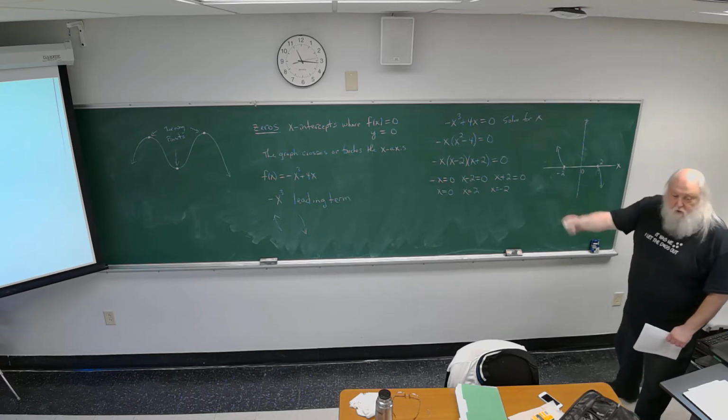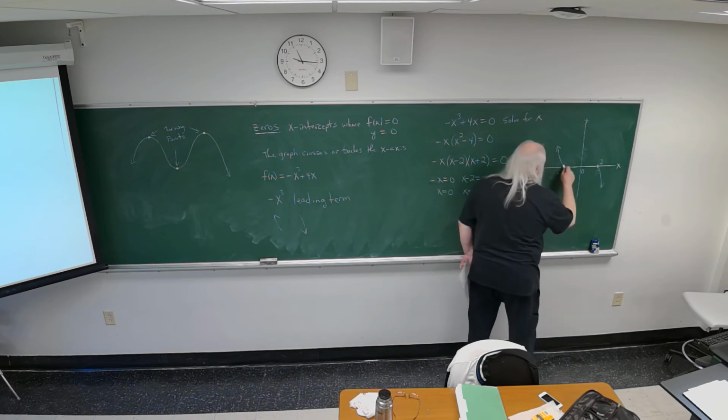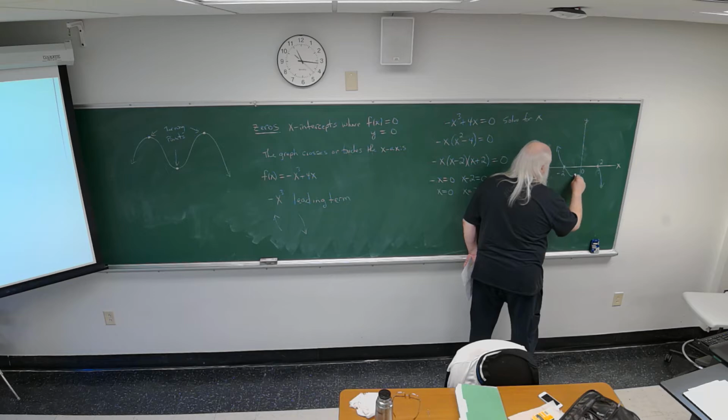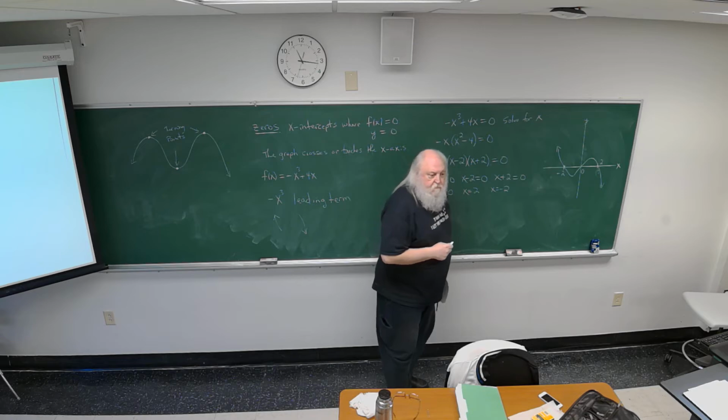And we just talked about turning points. So starting on the left side here, the graph has to cross the x-axis, form a turning point, come up and cross the x-axis at x equals 0, form a turning point, and come down and cross the x-axis at x equals 2.